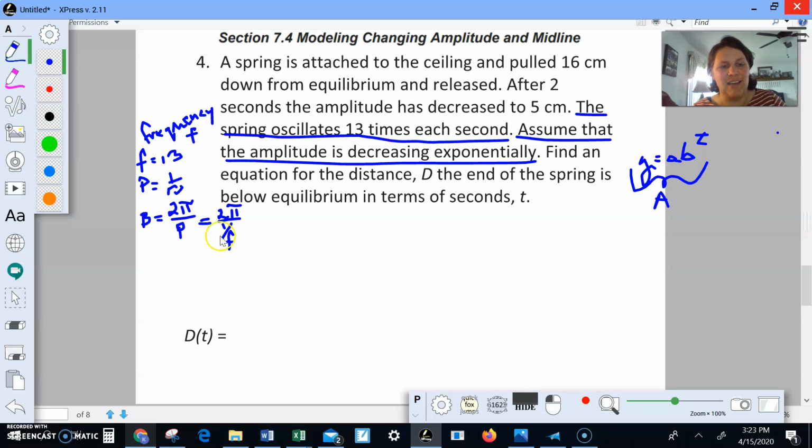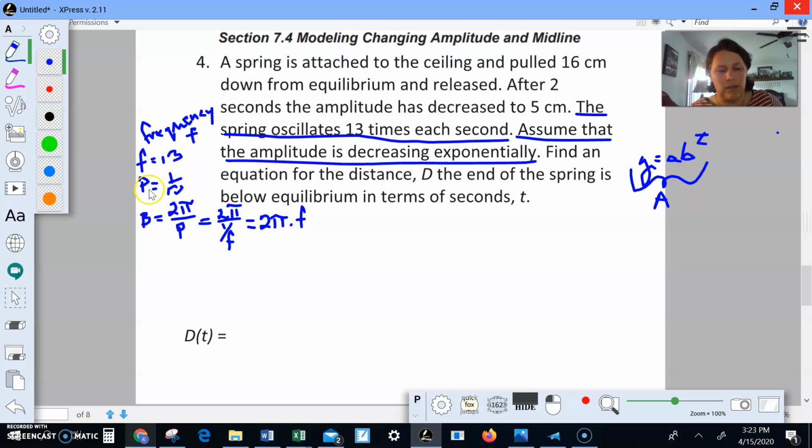Because p is the inverse of f, which then we could say that b is equal to 2 pi times f. So if they ever give us a frequency in an equation, we can do 2 pi times that frequency.